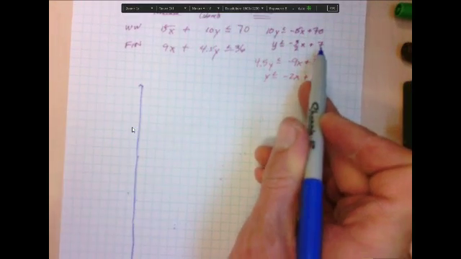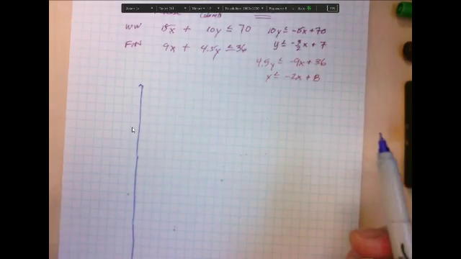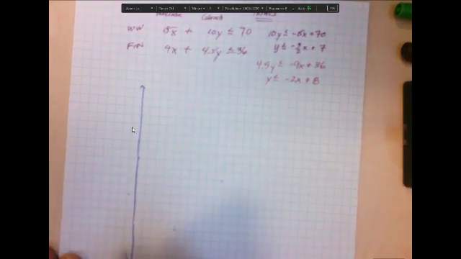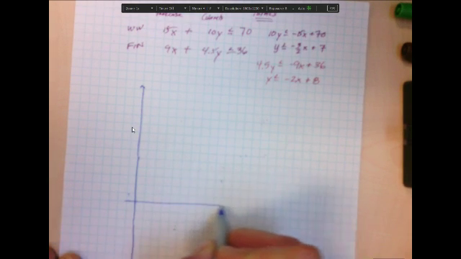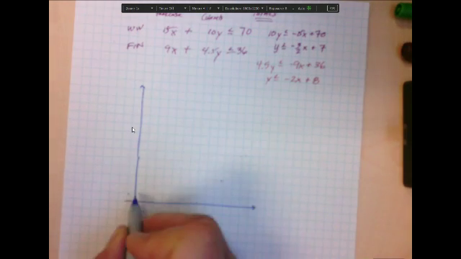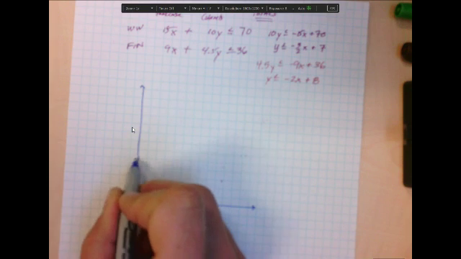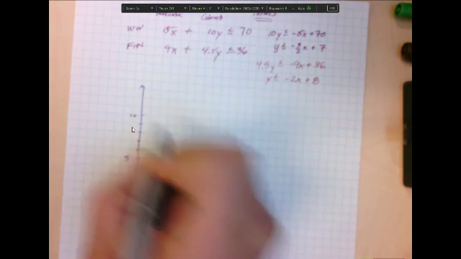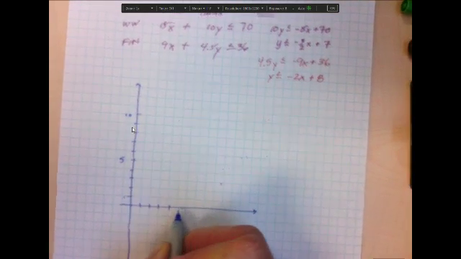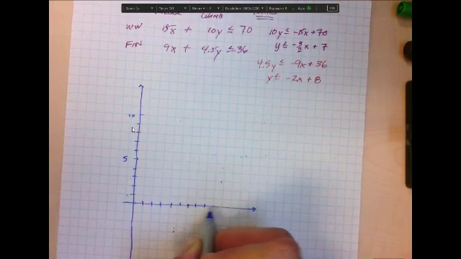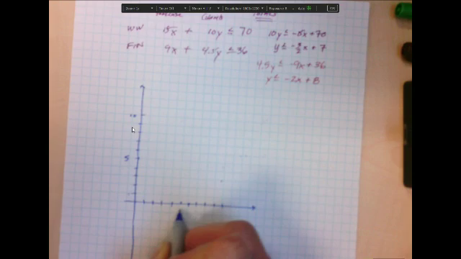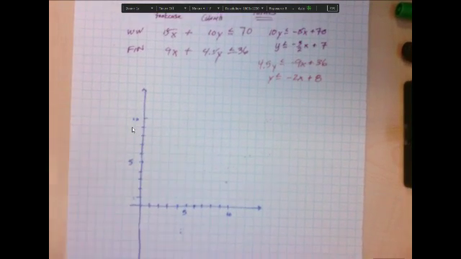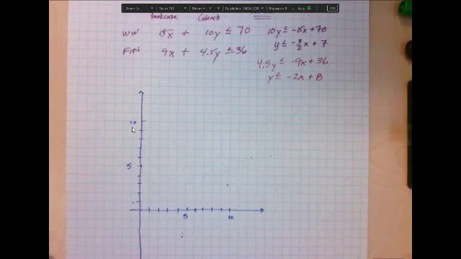Oh wait, hold on, that's a 7. I'm just going to go by 1s. So I don't need this down here. Yeah, 10 would be good. And this is just extemporaneous stuff.